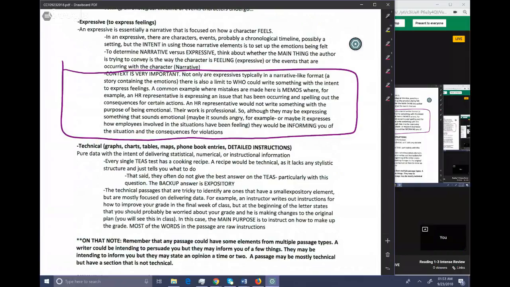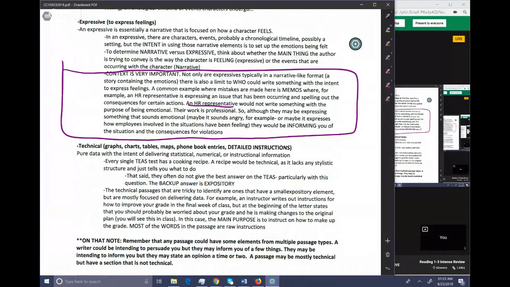Plus, it's really mean and rude to take somebody's food. And I always get asked, why is that not express feelings? An HR representative is a professional, and a memo is a professional document. An HR rep, by default, would not write something with the intent of expressing feelings.